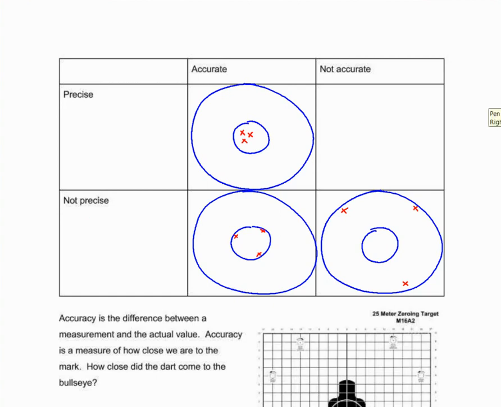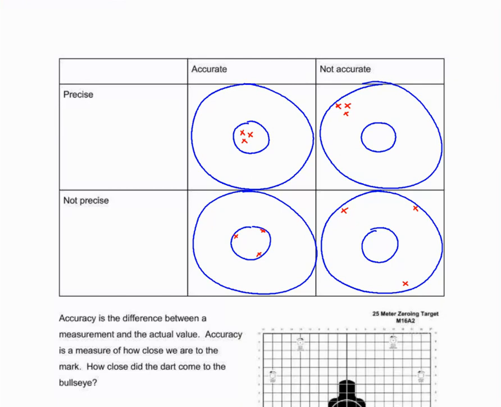Let's draw our last target and see if this one will shed any more light on it. Here's our larger target. Here's the bullseye. So we are going to be precise but not accurate. So here's what this might look like. Here's one, here's two, here's three.